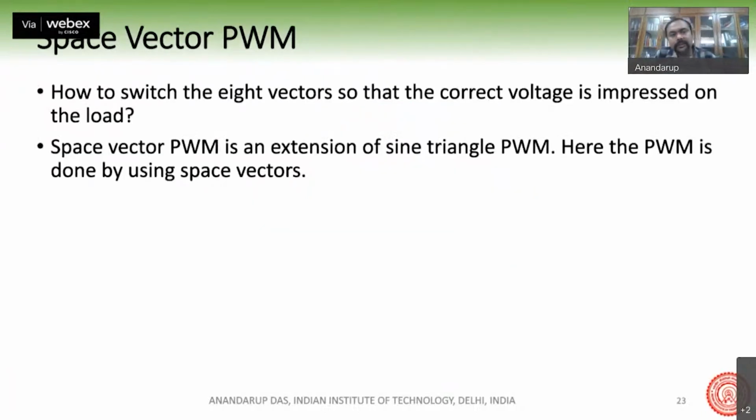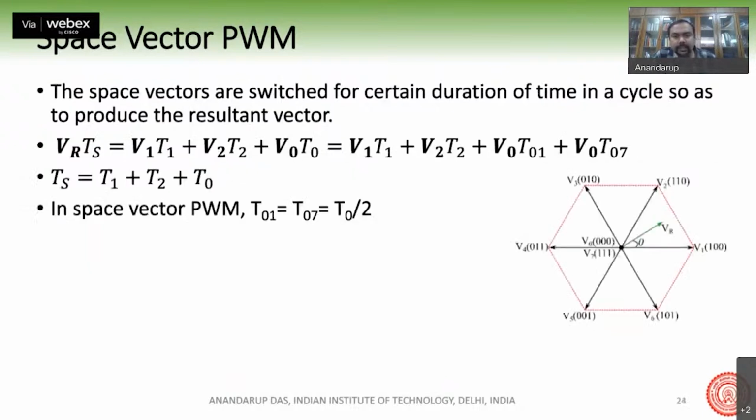So then when we do the space vector PWM, how do we do it? Okay, we use these space vectors from the sides of the hexagon as well as the zero vectors at the center. So suppose we have to realize this VR, the reference vector.